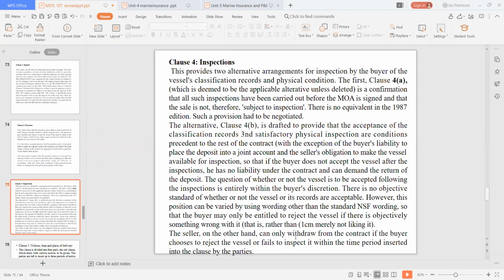The seller, on the other hand, can only withdraw from the contract if the buyer chooses to reject the vessel or fails to inspect within the time period proposed by the parties. So, inspections, clause 4A and clause 4B. So there are two alternative arrangements for the time of inspection.